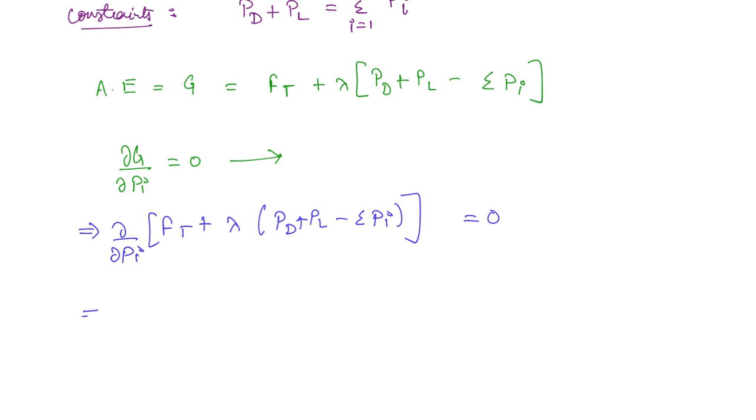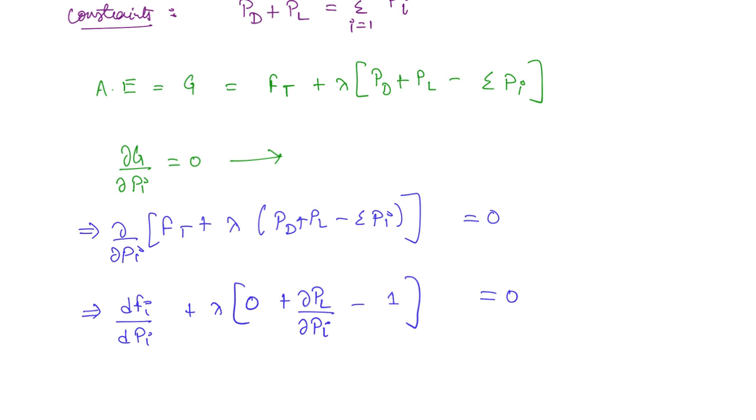So here you are going to get Ft, if you expand, F1 plus F2 plus so on till Fn. Now with respect to Pi, if you differentiate, you are going to get dFi by dPi, the total derivative of only the ith fuel cost, plus lambda times (PD differentiation is 0, plus dou PL by dou Pi, since the transmission losses will depend on the generating power, it will depend on the current, right?) minus 1.